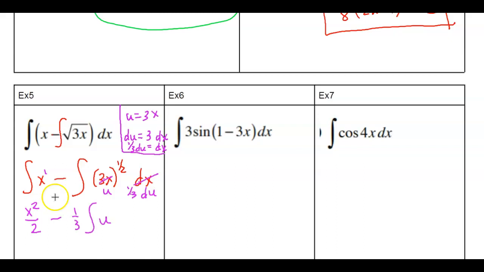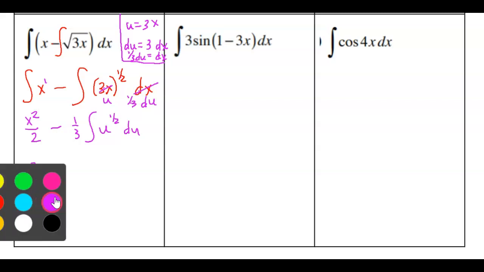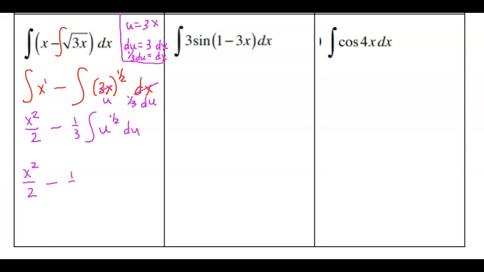I've got u to the 1/2. Now notice I still have my integral symbol because we haven't integrated the second part. So this stays. And I get 1/3. We're going to add a power. So 3/2 multiplied by the reciprocal. And then 1 constant at the end.